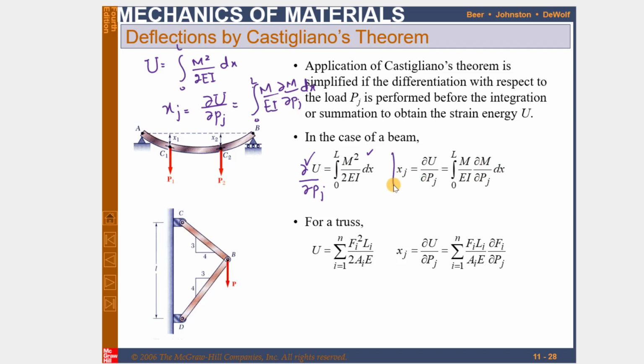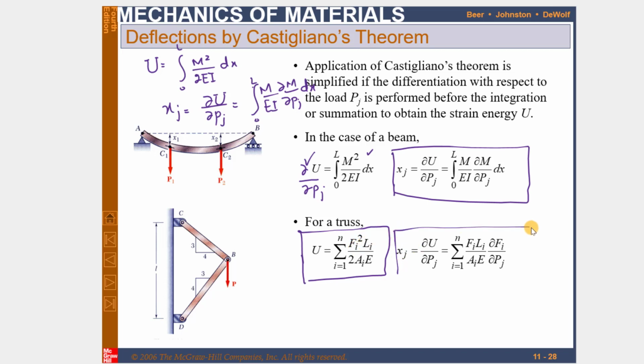So this will be the generalized equation for finding the deflection. Clear? For a truss, this is the total strain energy. And if you want to find the deflection with respect to any force, xj will be equal to partial u over partial Pj, and this will be equal to this.